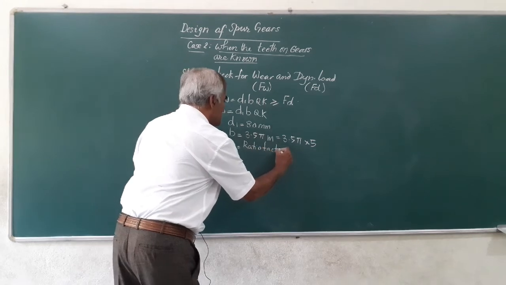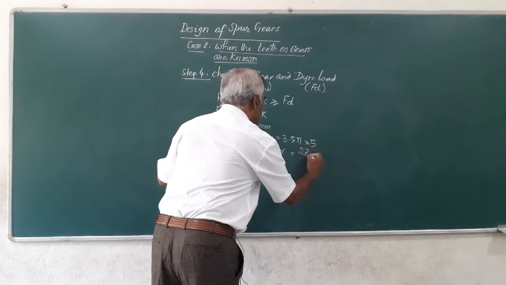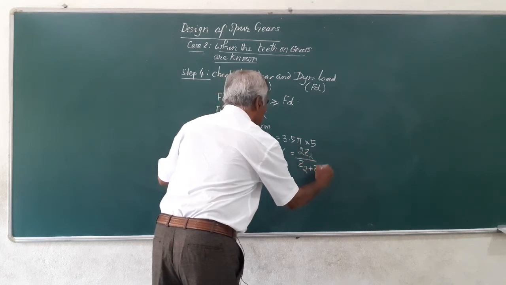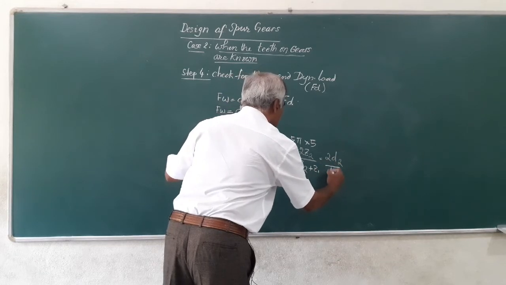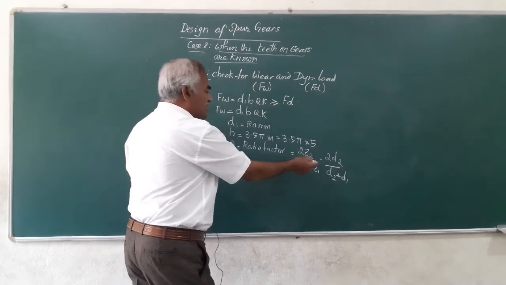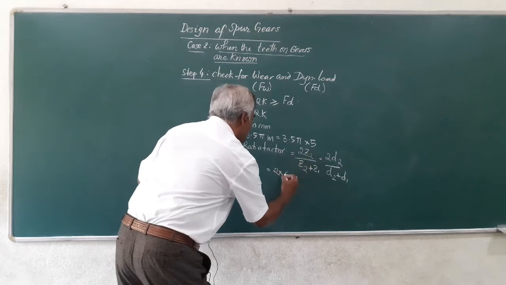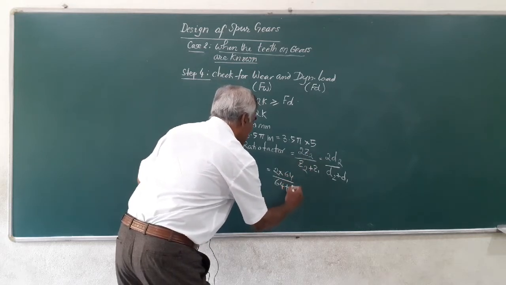It is given by 2 times Z2 divided by Z2 plus Z1, also given by 2 times D2 divided by D2 plus D1 and so on. Here we know the number of teeth Z1 and Z2. So 2 into Z2 is 64, divided by 64 plus 16.